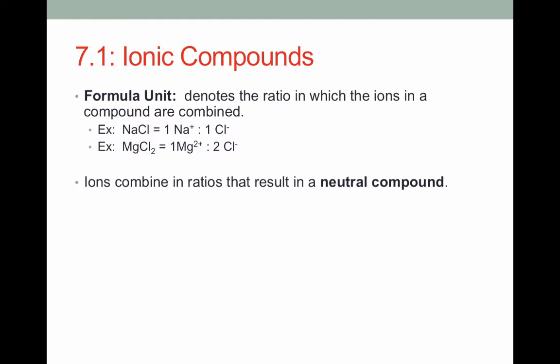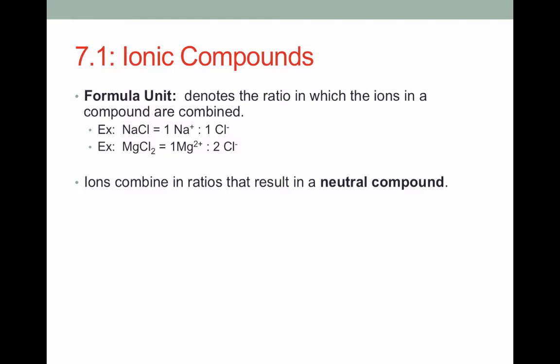They must combine in a ratio that will cause their charges to balance each other out to form a compound that is overall neutral. Therefore, since sodium has a positive 1 charge and chloride has a negative 1 charge, positive 1 and negative 1 will balance each other out, so they combine in a 1-to-1 ratio. However, Mg2+ has a 2 positive charge, whereas chloride has a 1 negative charge. So we need 2 negative chlorides to balance out the 2 positive charge on magnesium.